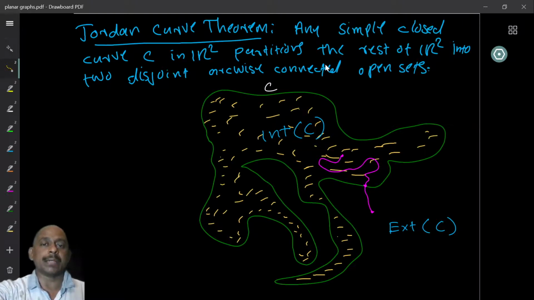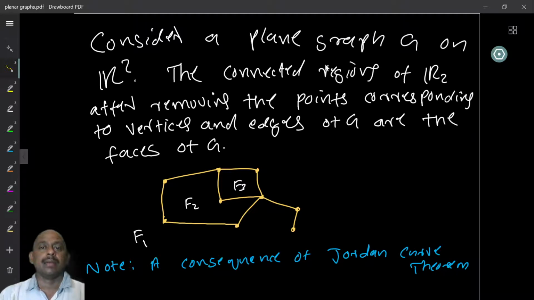Now, if you come back to the embedding, you take the embedding of any given graph, and then you remove all the points of this embedding, that is, the points that belong to the curves representing the edges as well as the vertices.